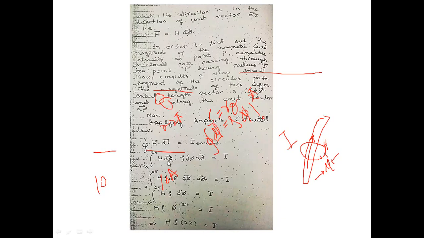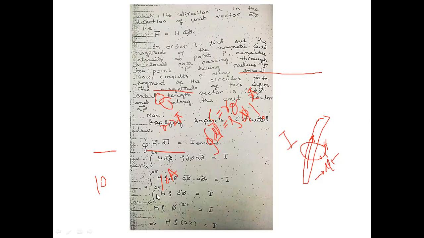So from 0 to 2 pi, H is in the direction of a phi, and dl is equal to rho d phi, which is also in the direction of a phi. Multiplying these two, there will be a dot product of the two unit vectors, a phi dot a phi, which is equal to 1.